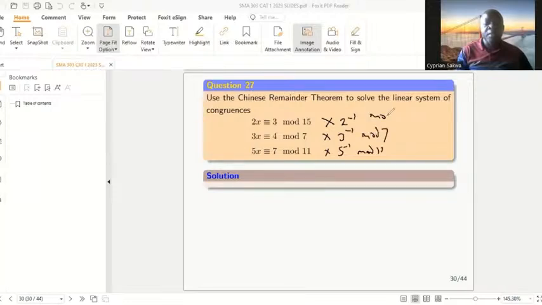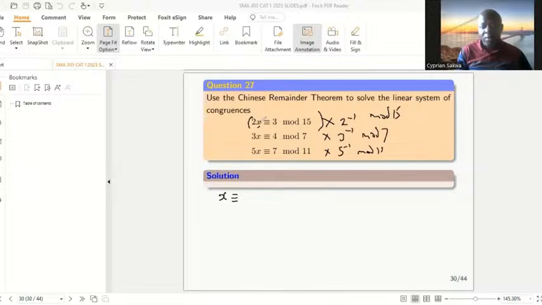This is mod 15. What is the inverse of 2 mod 15? It's 8, because 8 times 2 is 16. So multiply the entire equation here by 8. So 8 times 2x gives x, because 8 is the inverse of 2.